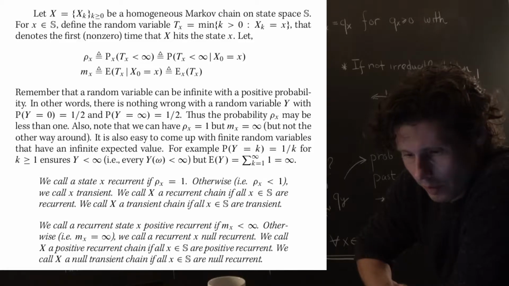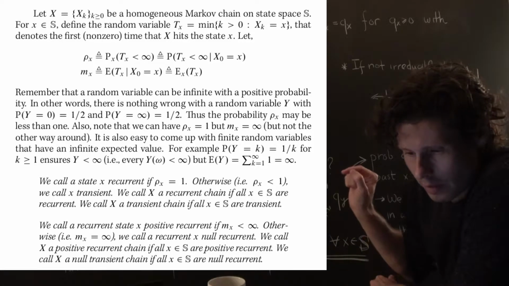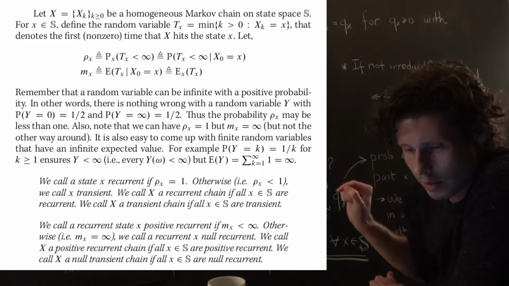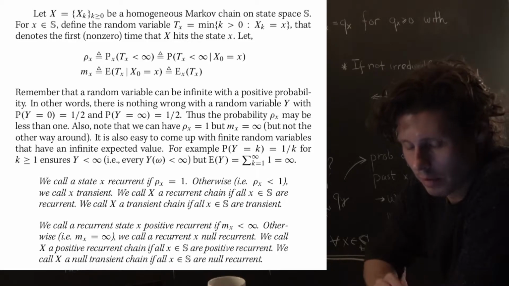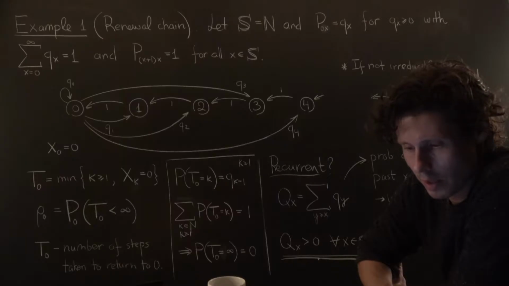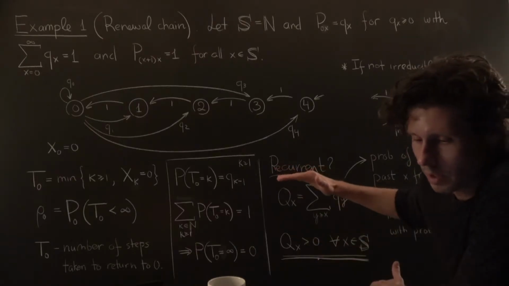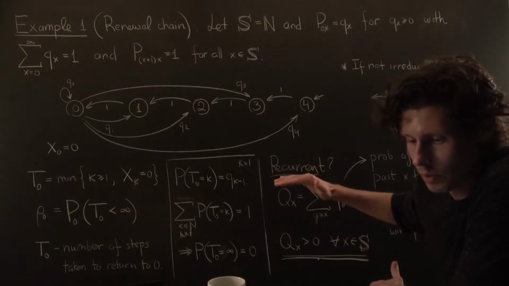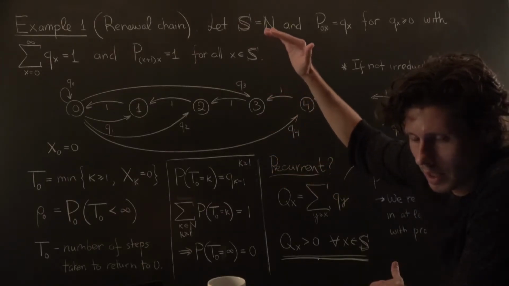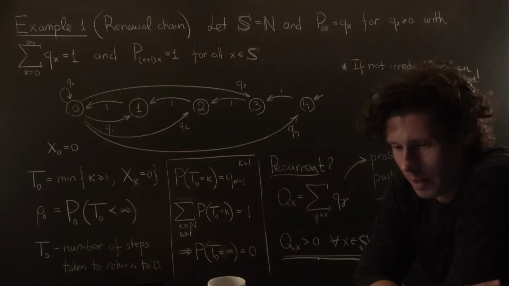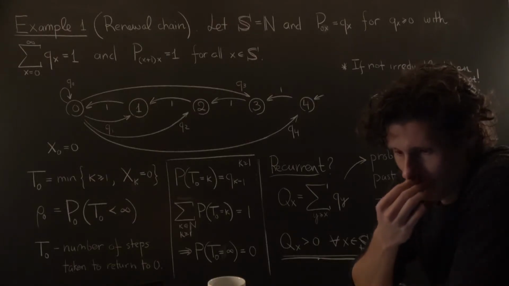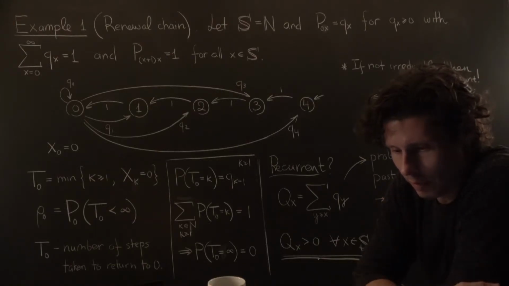To come back to the definitions, if rho x is less than 1, we call the state transient, and then we call the entire chain recurrent if every single state in it is recurrent. Unless otherwise mentioned, when asked for recurrency, you assume it's with respect to the state space, so we're being asked here to verify the recurrency of the state corresponding to every natural number.